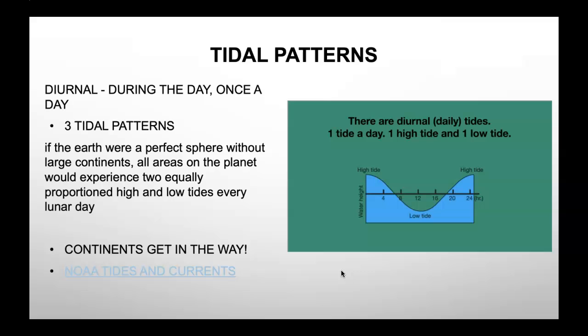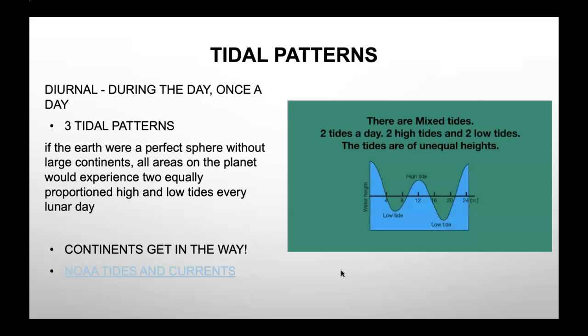There are diurnal daily tides. So this is a pattern of only one tide a day, one high tide, one low tide. And there are mixed tides. This is a pattern of two tides a day, two high tides and two low tides, but the tides are of unequal heights.